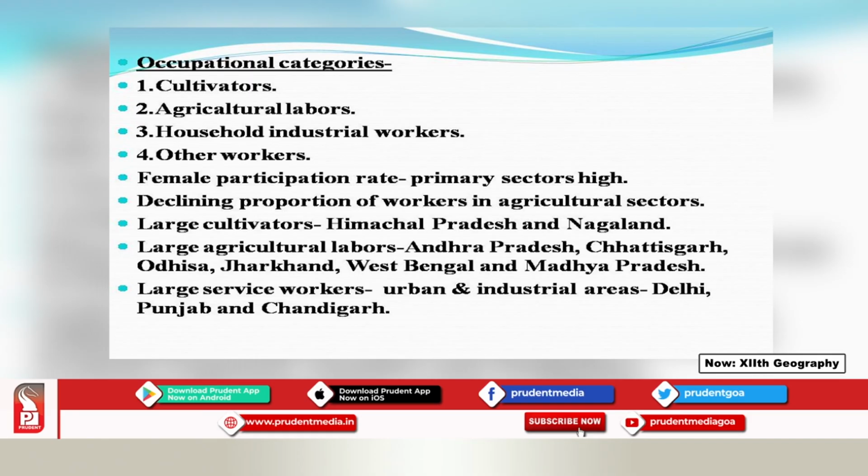Large numbers of cultivators are found in Himachal Pradesh and Nagaland. Large numbers of agricultural laborers are found in many states, which include Andhra Pradesh, Chhattisgarh, Orissa, Jharkhand, West Bengal and Madhya Pradesh. Large numbers of service workers are in urban industrial areas: Delhi, Punjab and Chandigarh.